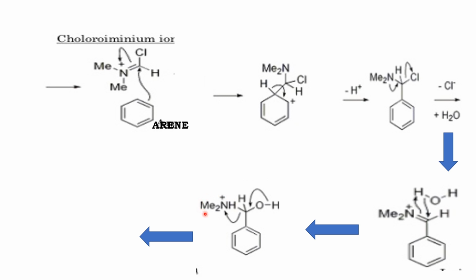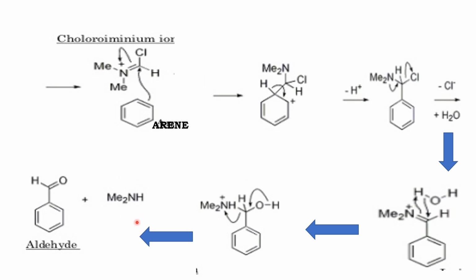Now Me2NH is formed with nitrogen having a positive charge. Now this oxygen-hydrogen bond is shifted towards the carbon-oxygen bond. As a result, this nitrogen-carbon bond undergoes shifting. So we will get the corresponding aryl aldehyde with the dimethyl formamide.